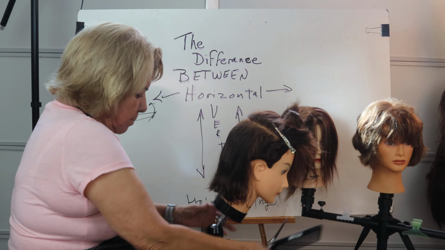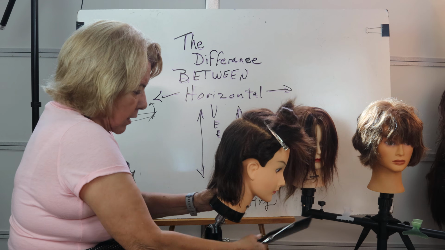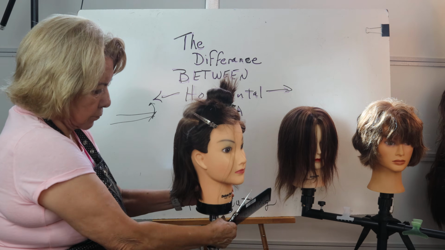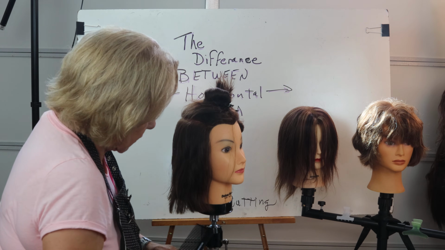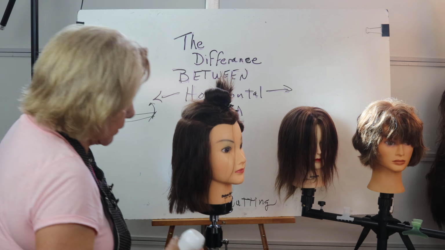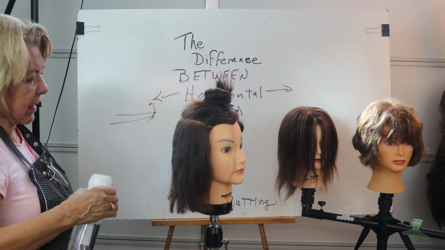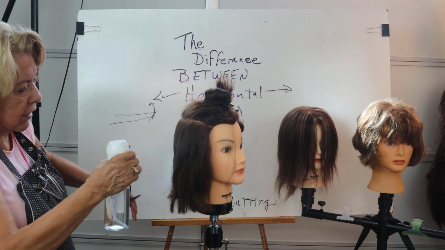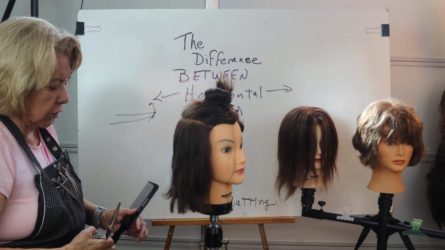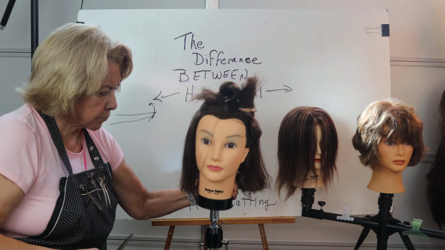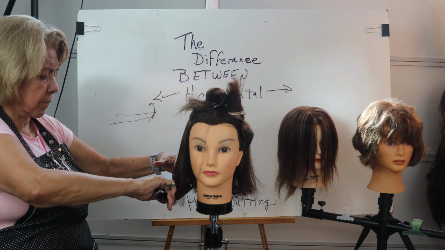Now I'm going to bring her up and blend. See, if you know what to do next, you automatically just go to it. So, again, the head is round. We have that little indentation there. That's why you lean her forward. But the angle of how you're holding your shear is a big factor.